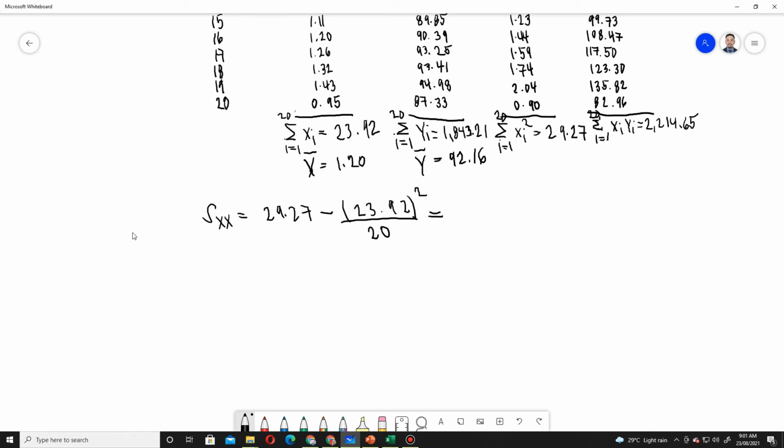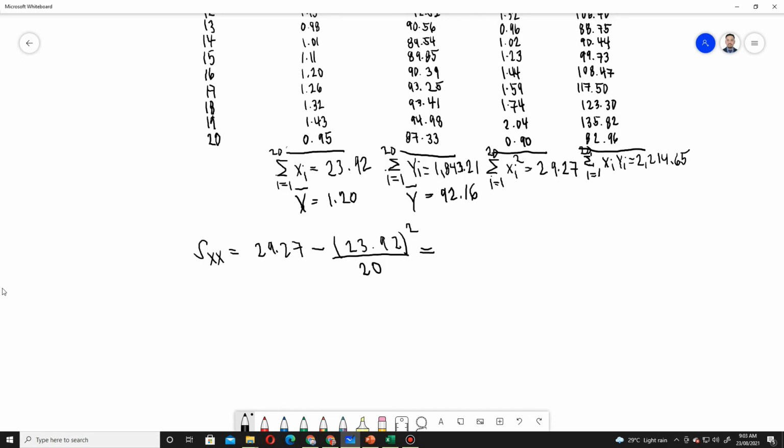We will solve this one. S sub xx is equal to 0.66.